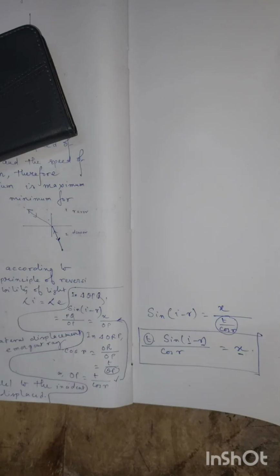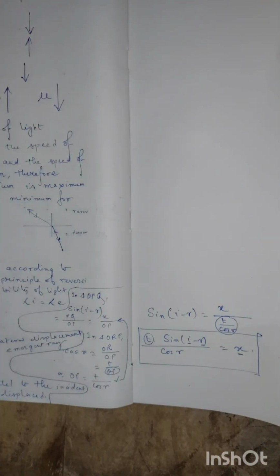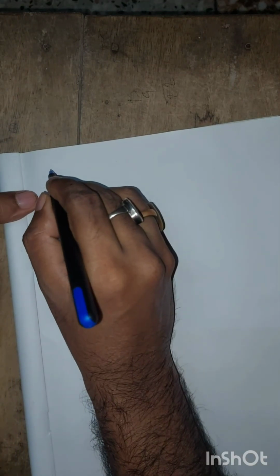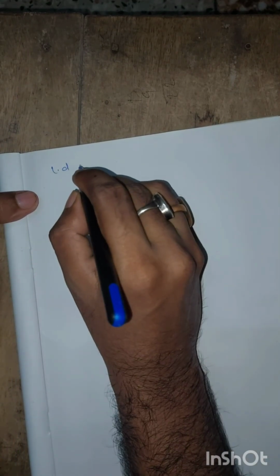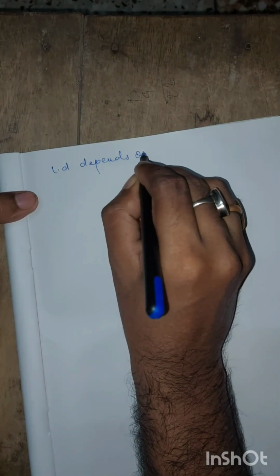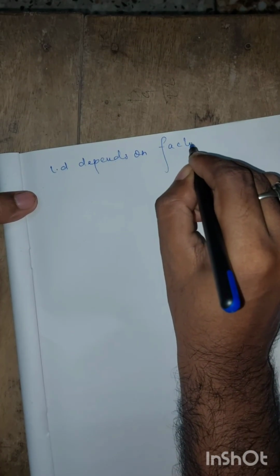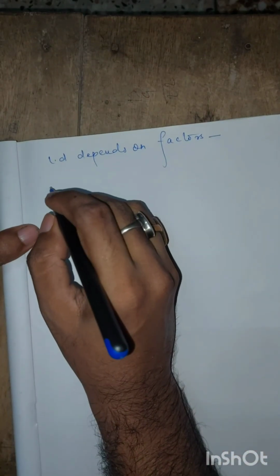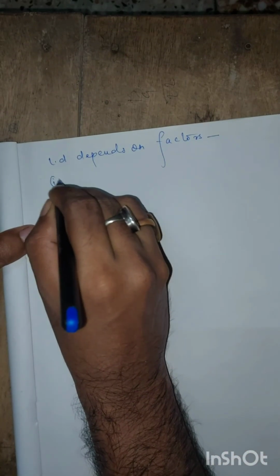Now let us come to the next point. Lateral displacement depends on factors such as the thickness of the block.